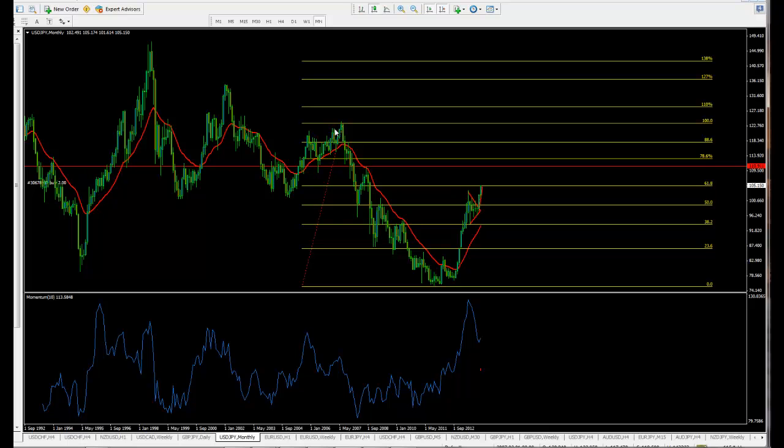For those of you that know harmonics, that would be an X wave, an A wave coming to a 78. You'd expect an ABC retrace because we have this nice divergence, and then a pop up into the 127, 138. That would be the first resistance for a bullish butterfly. I'm sorry, actually a bearish butterfly, because at that point you expect the D leg to drop off.